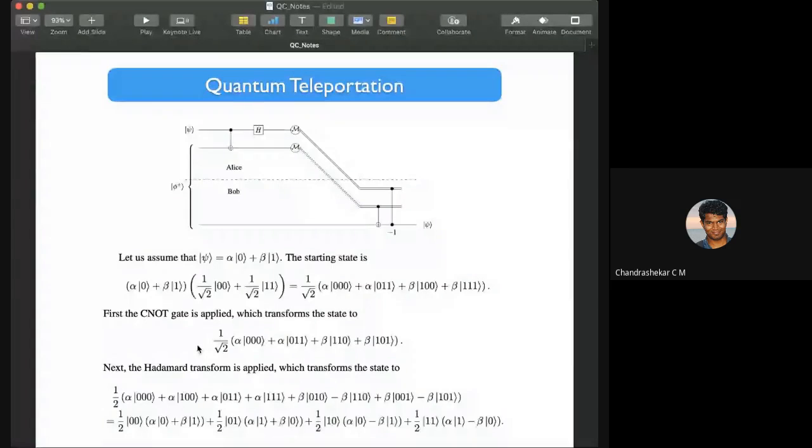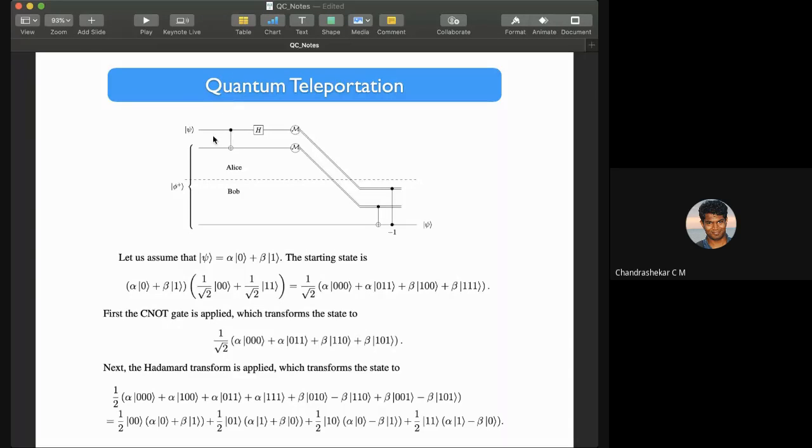So just like the way we were looking at superdense coding, teleportation is another important aspect. People have recently done experiments and demonstrated quantum teleportation. As we see in this circuit diagram, you have to teleport.